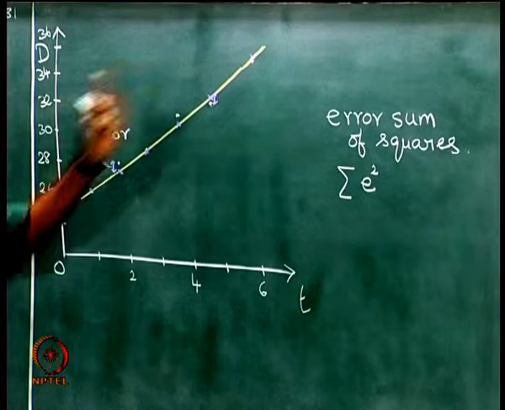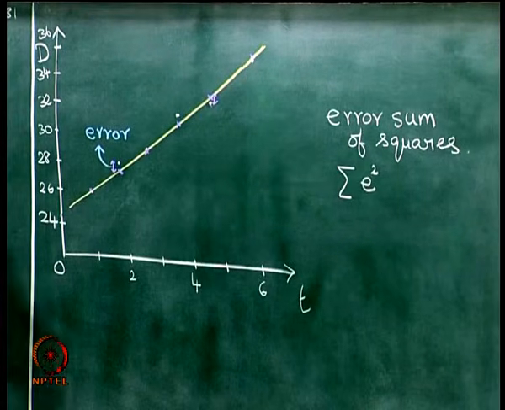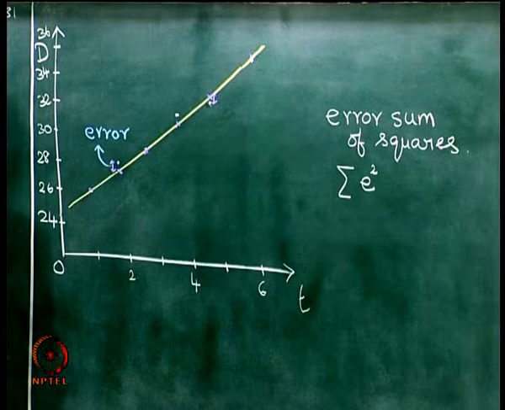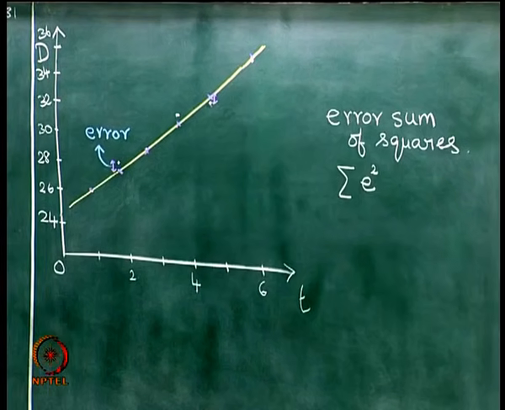So there will be 6 points here, there will be 6 error terms. Now we want the sum of the squares of these 6 errors to be minimized.